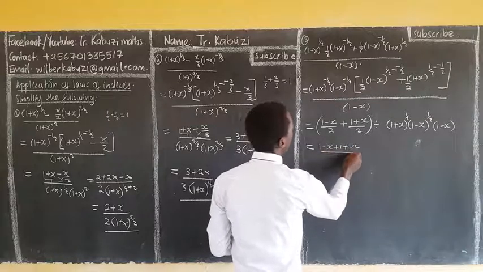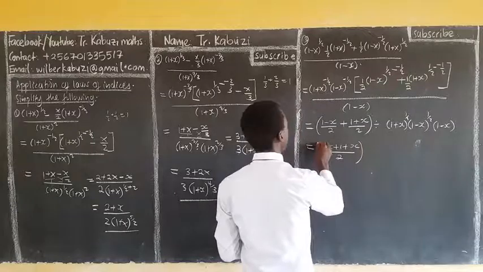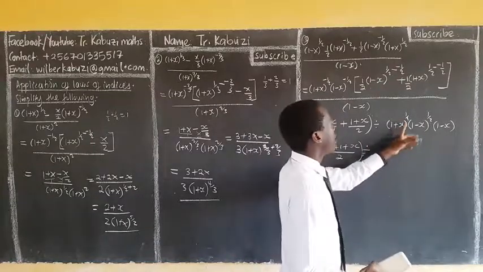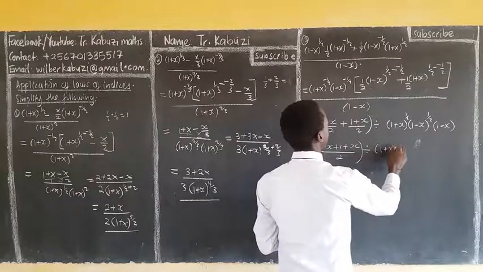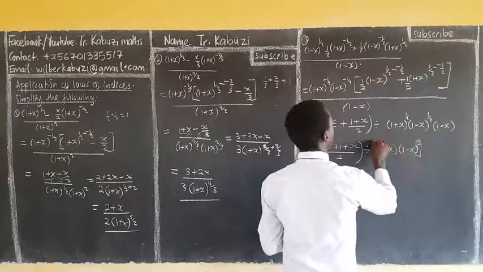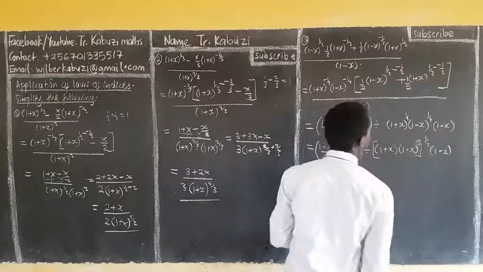I mean, we have the same denominator 2, then we are dividing with, now you see here, the power is the same. So we are having 1 plus x into 1 minus x. The whole is having the same power, then 1 minus x.